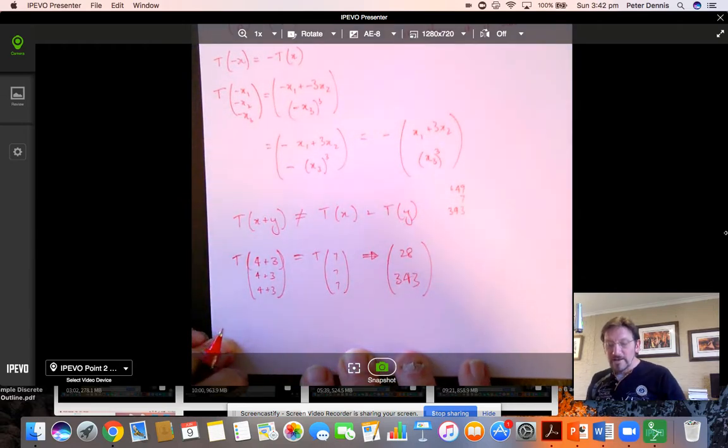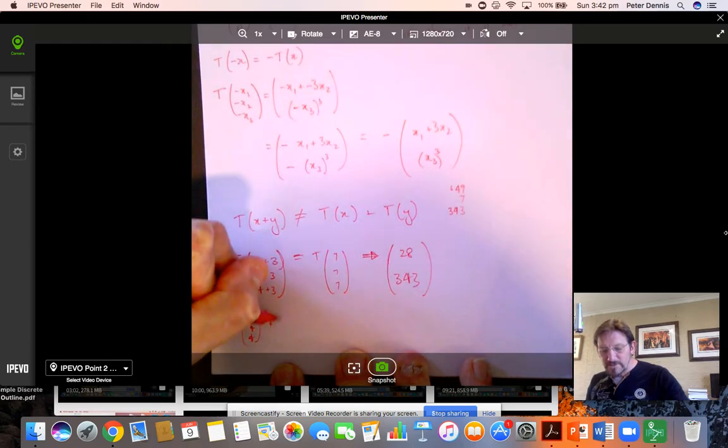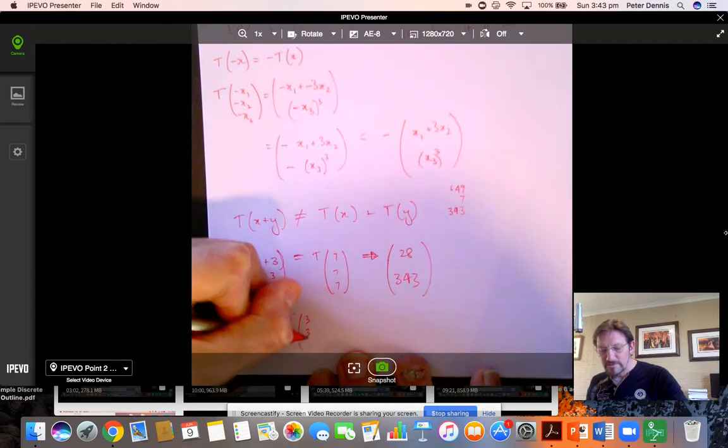Now we can look at T of 4, 4, 4, plus T of 3, 3, 3.